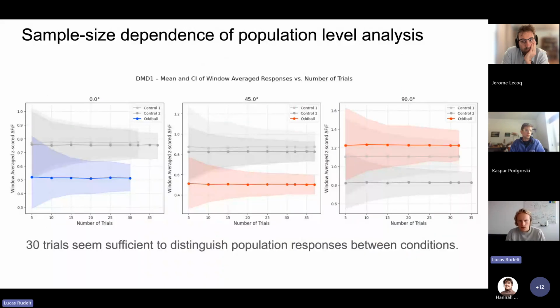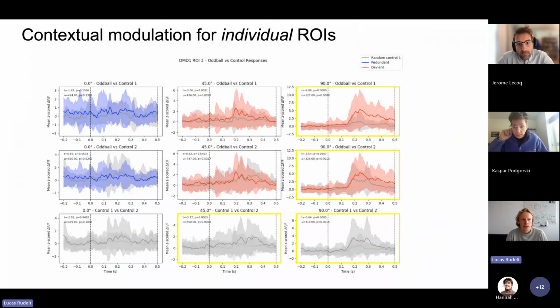Then, just a step back. This was a sample size dependence analysis of a population level analysis. The previous results already hinted that there are interesting differences between ROIs, for example, those that are already responsive at the beginning or at later points during the experiment. So it's definitely also interesting to look at the contextual modulation for individual ROIs. It's something that I've been looking into already.